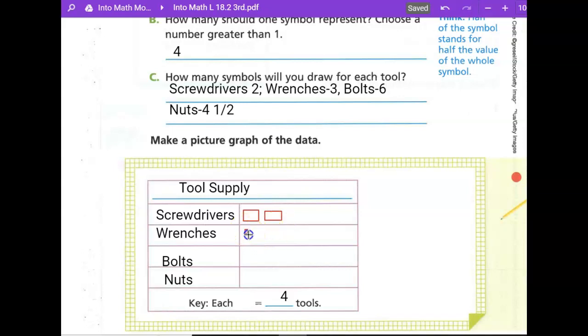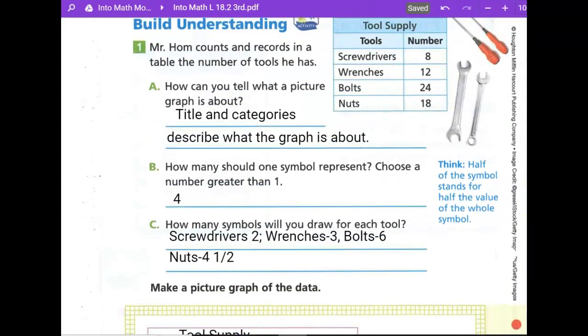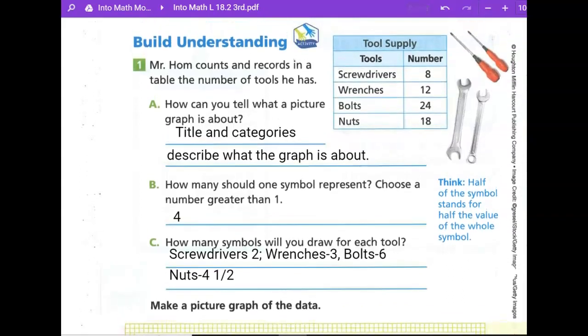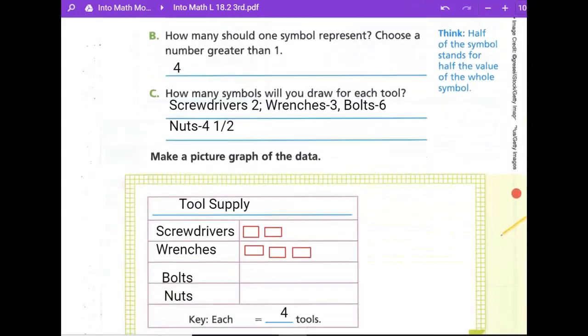And I know that there are 3 4s in 12. Remember, I'm getting this from the tool supply list on the clipboard, or at the top. Bolts are 24, and 24 divided by 4 is 6. So I have to have 6 squares or rectangles. This is why I said you needed to be careful and not make them too big.